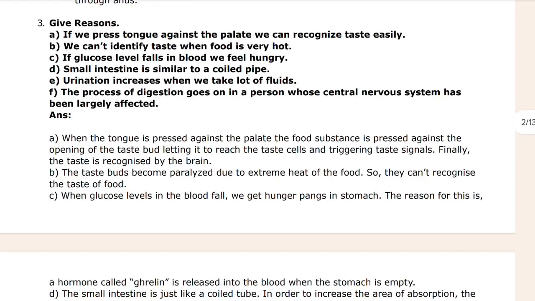Okay, now give reason if you have pressed your tongue against the plate.